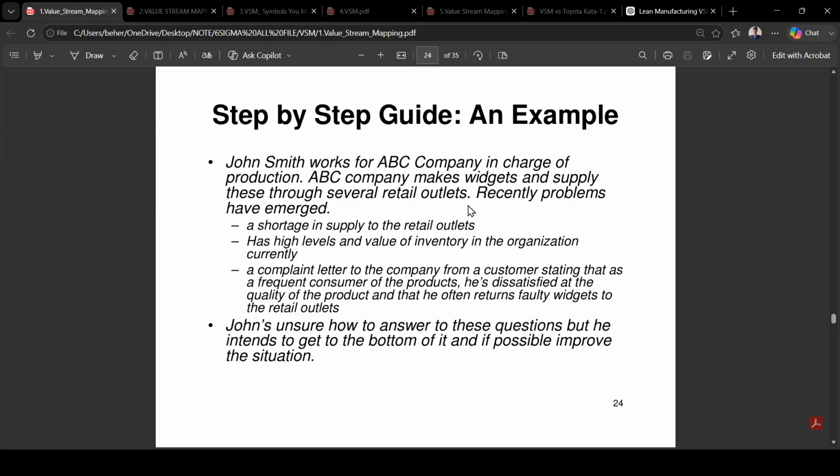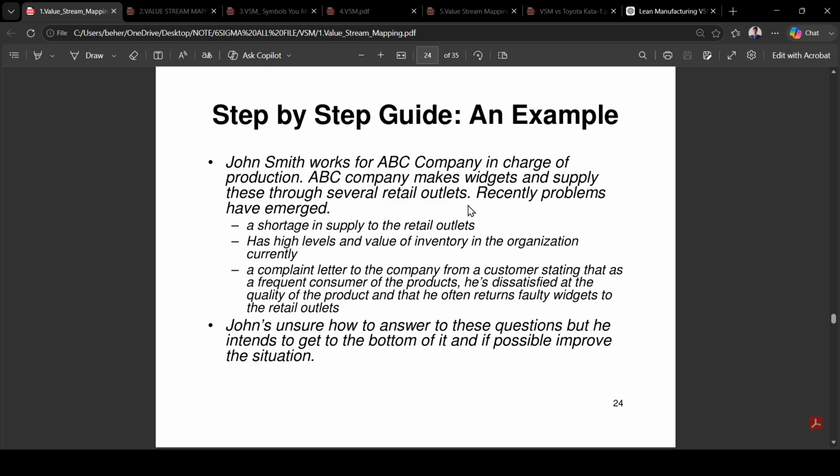John Smith works at ABC company. John Smith is a person who works in ABC company in charge of production. ABC company makes white jets and supplies these through several retail outlets. Recently, problems have emerged: a shortage in supply to the retail outlets, and a high level and value of inventory.